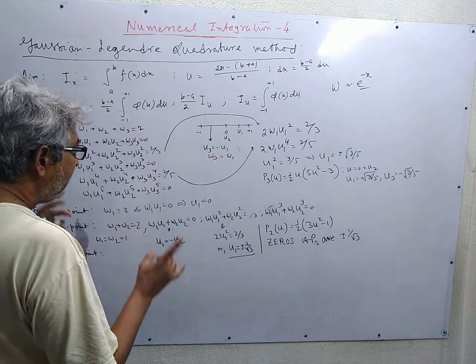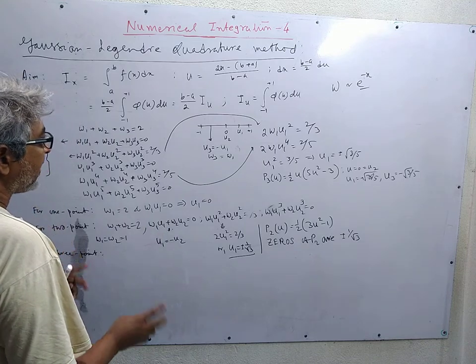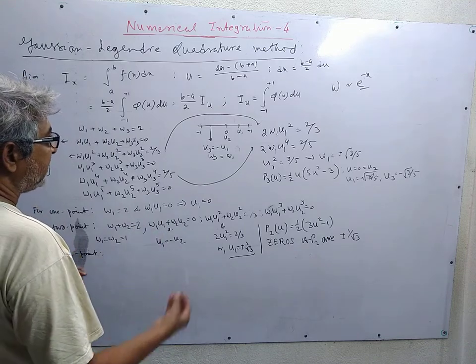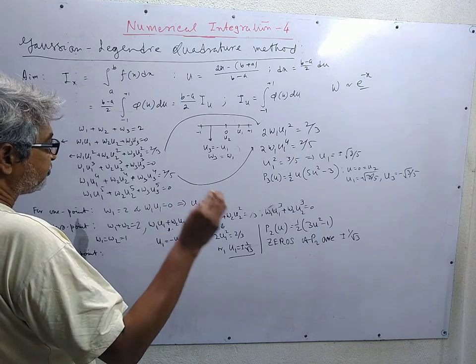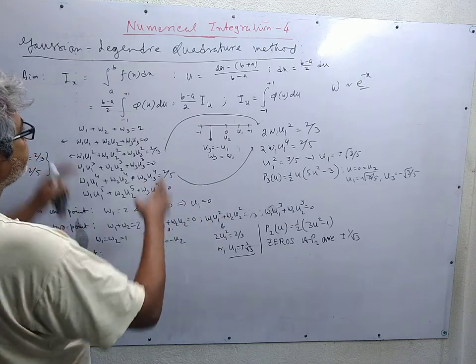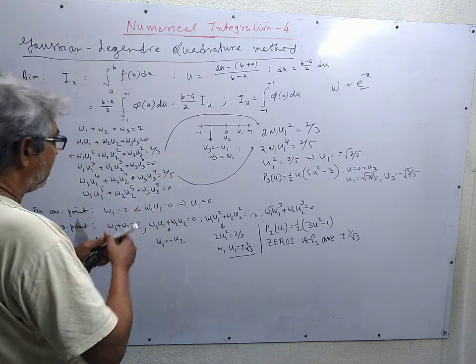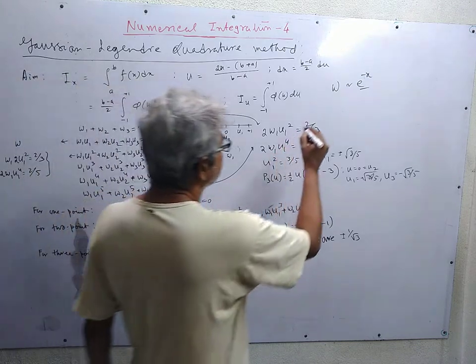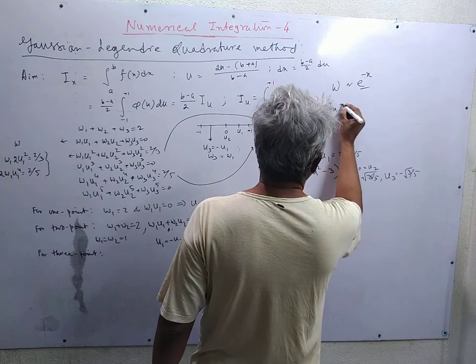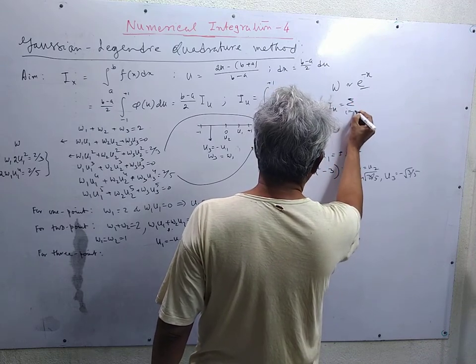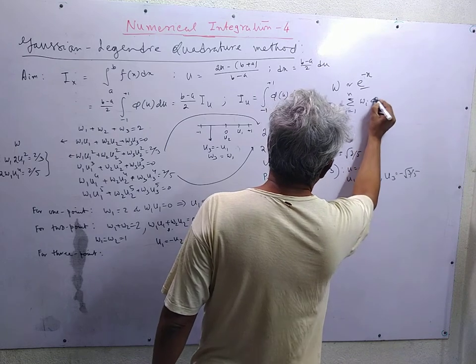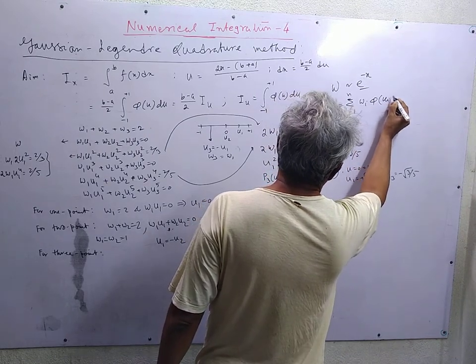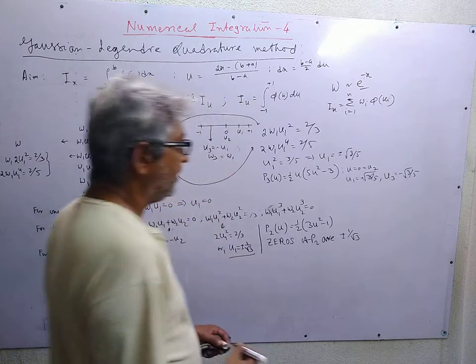So you have to write a program which will read from a file the n values of u and the corresponding n values of w, and use this formula: the integral is equal to summation over i equal to 1 to n of wi phi of ui as the value of the integration.